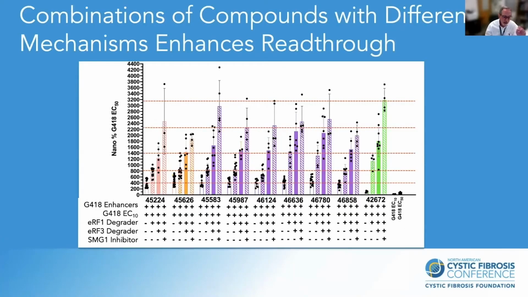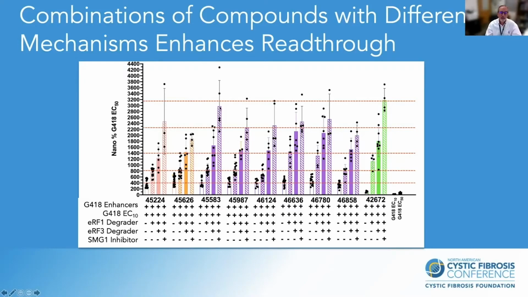We then went beyond that, and we are looking at not only our G418 enhancers here, plus the G418 EC10. We're also titrating in ERF1 degraders, ERF3 degraders, and a SMUG1 inhibitor. And you can see as we increase the number of compounds, we're getting more and more read-through.